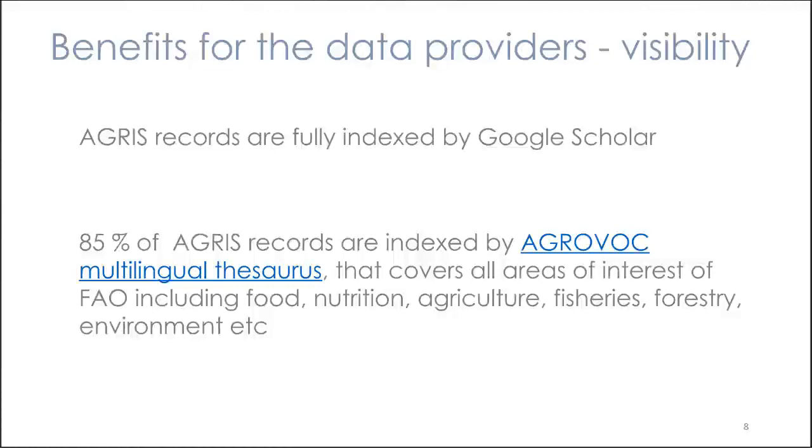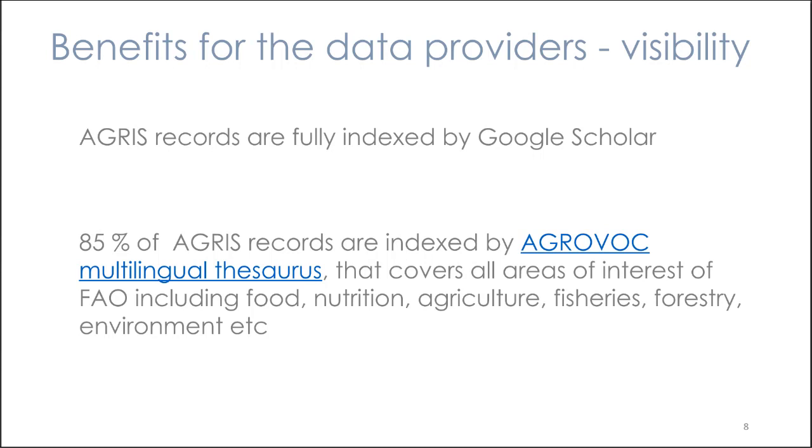What gives the resources of the data providers a huge visibility is, first of all, the users that enter and use AGRIS directly, but also the fact that AGRIS records are fully indexed by Google Scholar. So whenever somebody searches Google Scholar for agricultural keywords, most probably they will also find AGRIS resources.